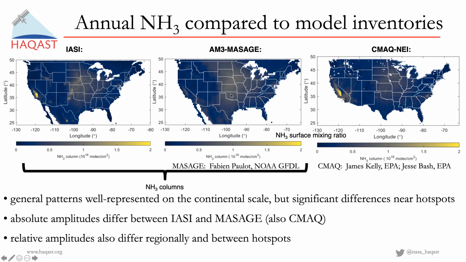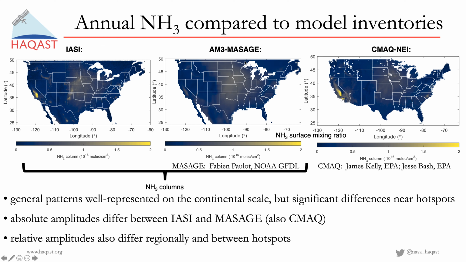So if we compare the IASI oversampled annual ammonia map to the AM3 MASAGE of NOAA GFDL, or the CMAQ NEI, which uses the NEI emission inventory, you can see the general trends are okay. San Joaquin Valley, Central Plains, but the relative amounts of the columns, so these are all columns here, are significantly different. IASI has many of the hotspots.